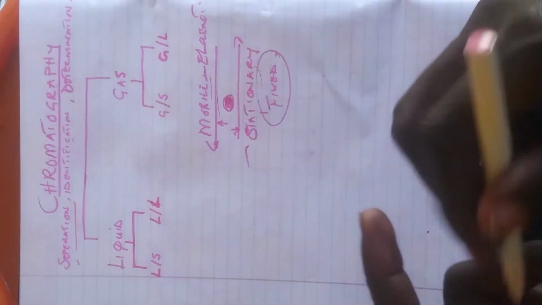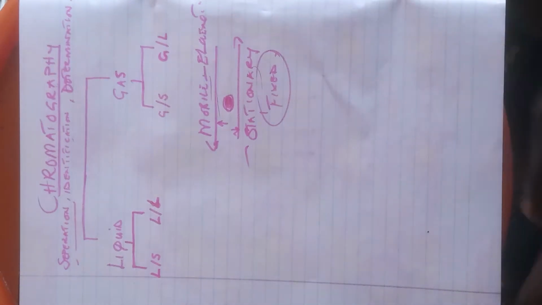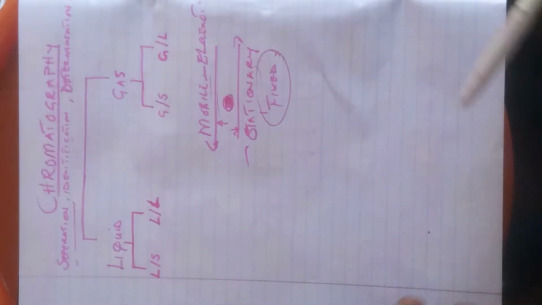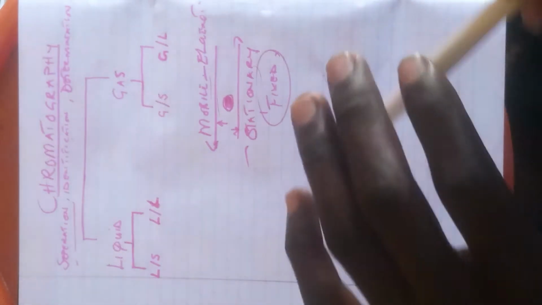The mixture interacts with either the stationary phase or the mobile phase, and this is what determines the separation of different types of molecules. I'll elucidate as we go, so please make sure that you follow this. Don't just end here on the basic principles because you'll miss out a lot.